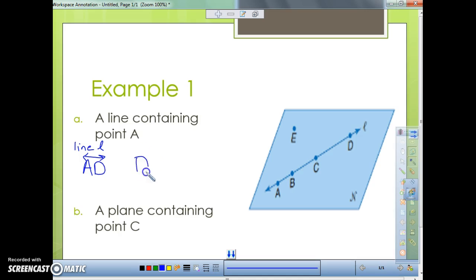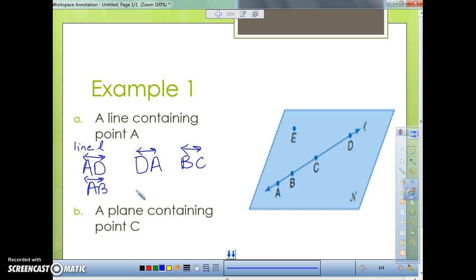Okay, yeah, we can just flip it around. All right, I saw another hand back here. Colin? Just tell me. Okay, line BC. Oh, we don't even have AB. Okay, AB. And notice we're putting that double arrowhead over the top to indicate that it's a line.